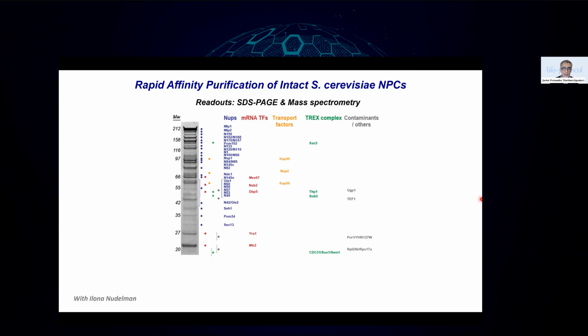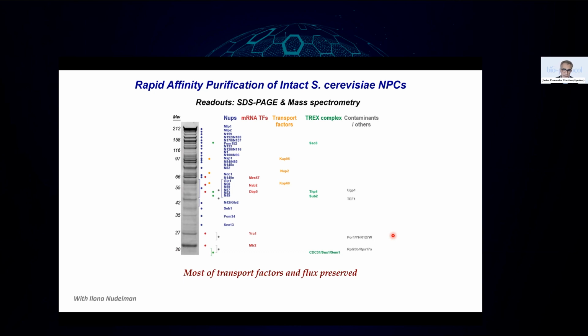And importantly, because we are preparing these nucleopores really fast and in a very optimized way, we are also identifying and preserving most of the transport factors and flux that was going through those NPCs at the point of isolation. So these factors, although being labile, because we are being really fast and very efficient, we can preserve them and they co-purify with our samples.